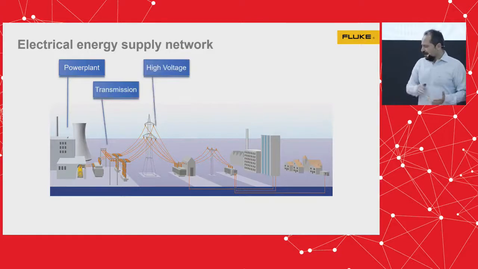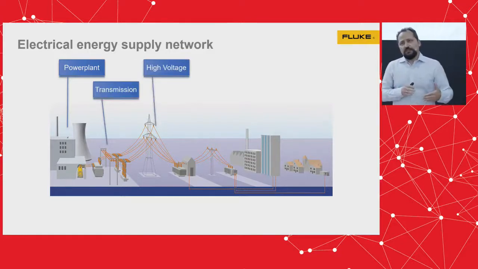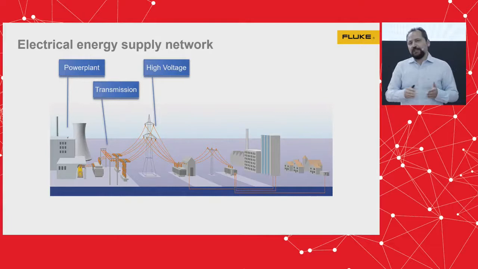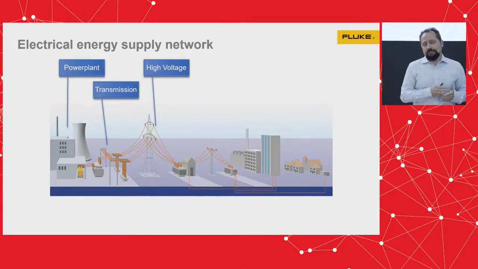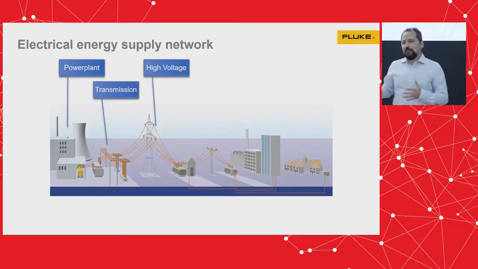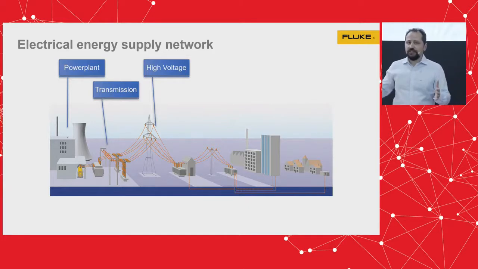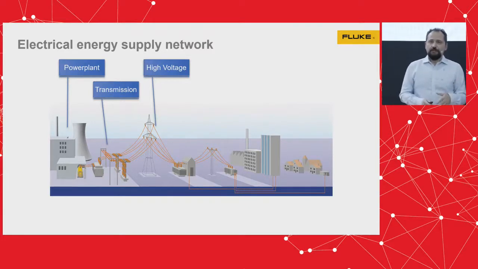Using transformers, that voltage is elevated and that power is transmitted through the electrical lines until we reach an area closer to the end user. All that part from generation to the end user is called transmission.